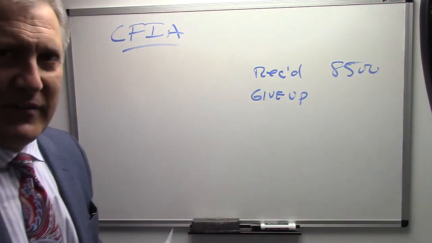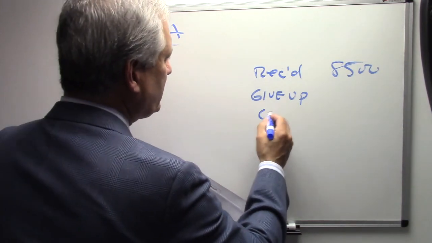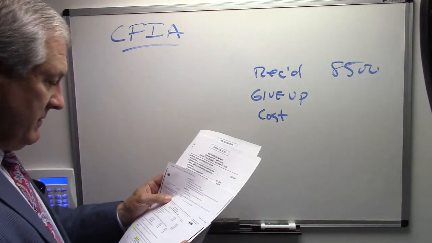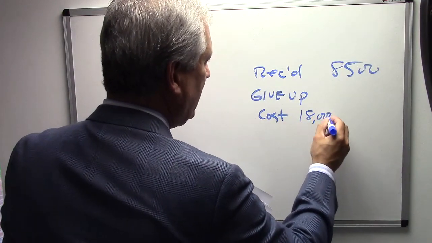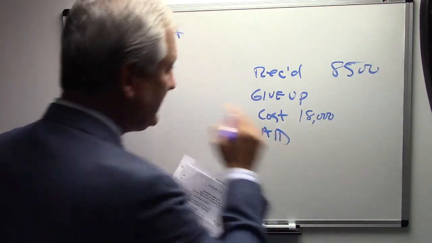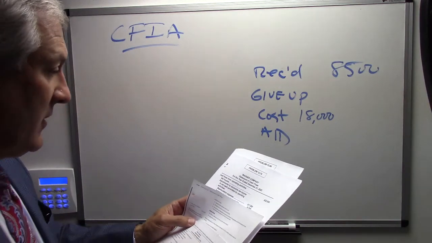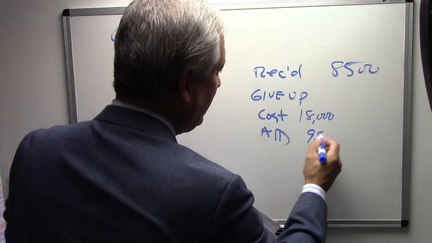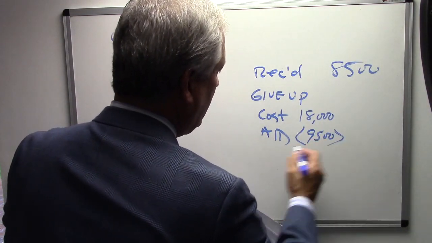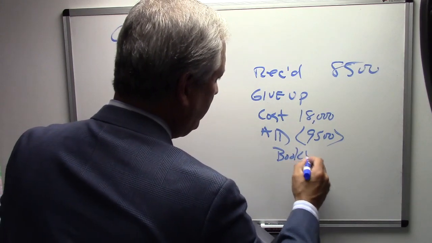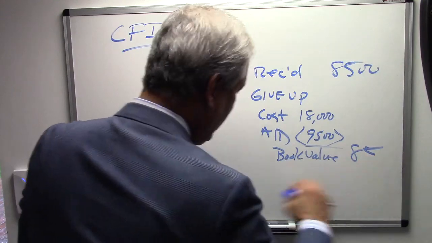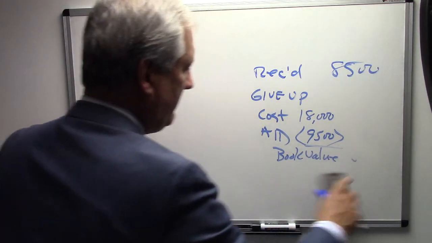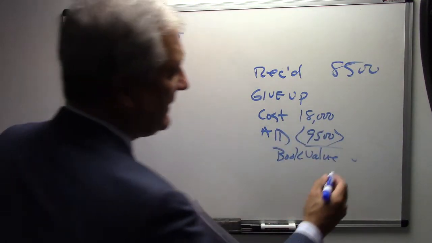They gave up the book value of an asset. The original cost, they said, in the additional information, was $18,000. The accumulated depreciation, they just said, was $9,500. The book value of the asset given up was, therefore, $18,000 minus $9,500.